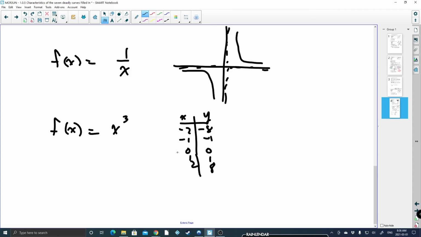Okay, how quickly can you generate that table of values? And from that table of values, can you draw the shape of a cubic? Okay, so you need to be able to do that with all of the 7 functions that we saw today. Now, the linear and the quadratic you should be very comfortable with. So really there's 5 of them that you need to learn.